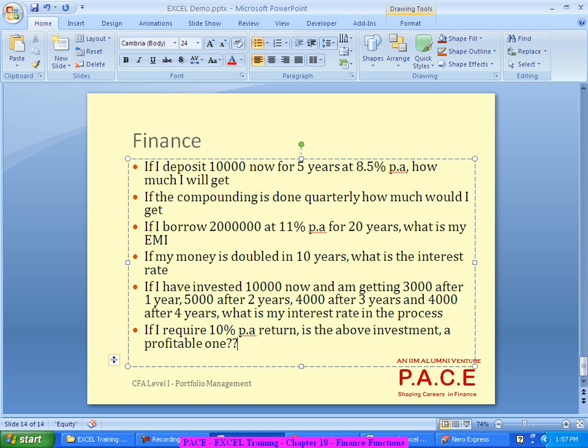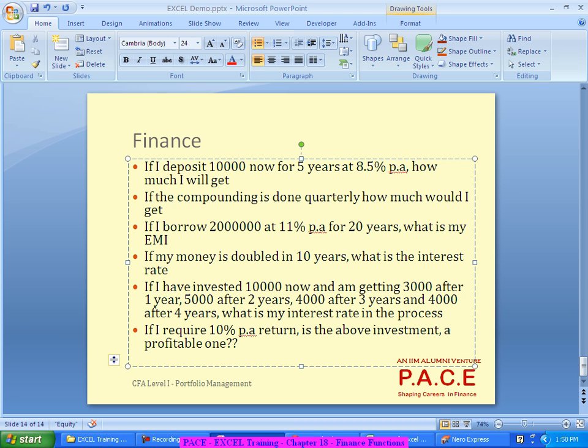Very common stuff. It does not require any specific finance background, because most of us, even if we are not from a finance background, would be interested in doing some kind of investment in some form or the other. So we would like to check how much I will get, or what the amount would be.